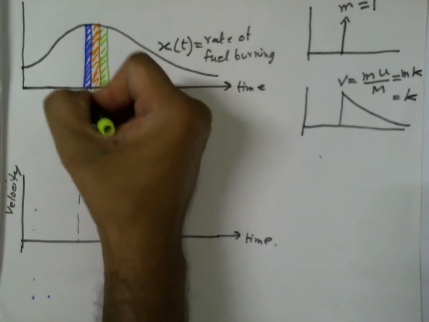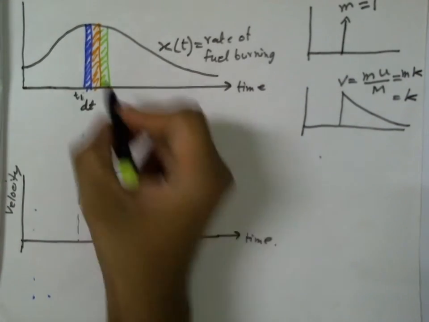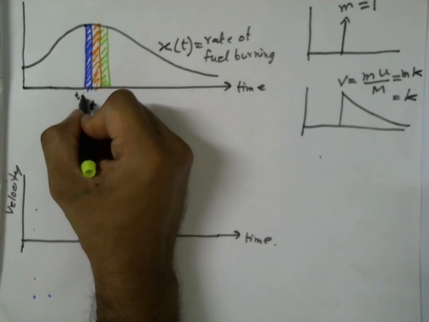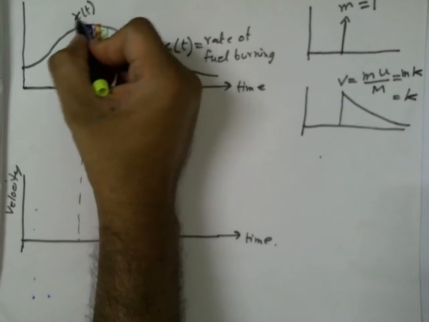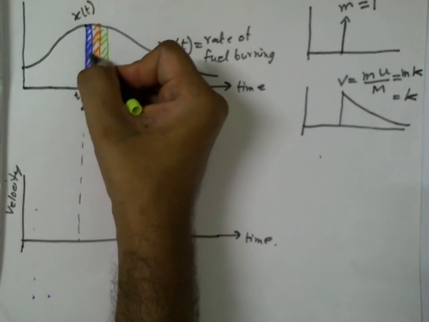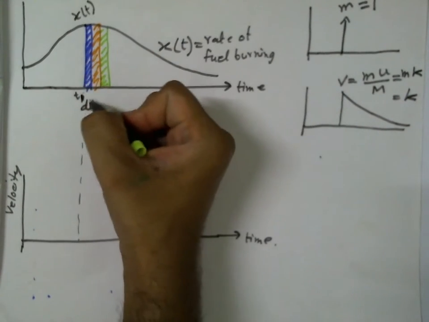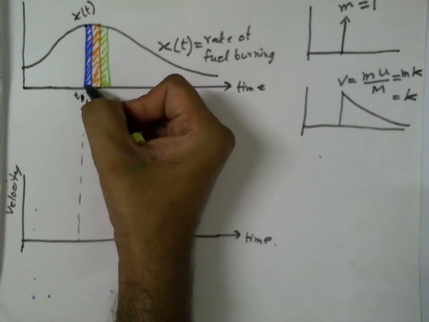Then if this point is t1, or in general if this is t, then this height is x(t). Now this height x(t) times dt is the area under this curve. When dt is very small, I can think of it as an impulse function.